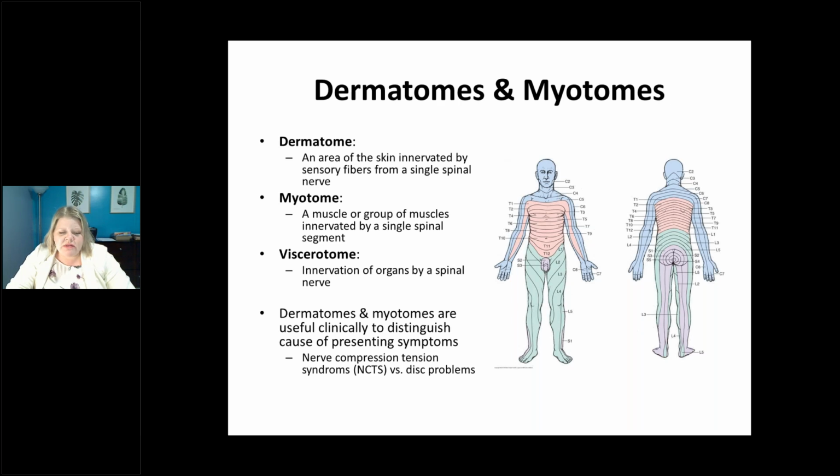Viscerotome is an innervation of organs by a spinal nerve, and clinically you don't evaluate that. But even though you're not evaluating it, you can still use this therapeutically to know what spinal cord segment is affected and what organ that spinal nerve may be innervating, and have an effect on that.